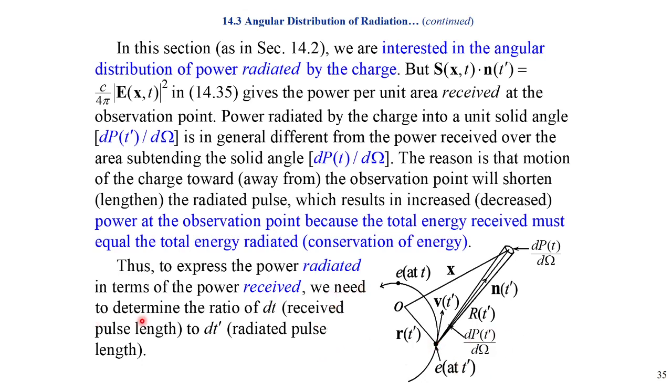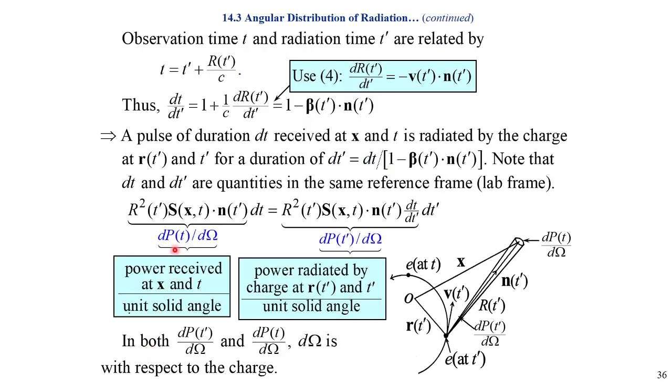We need to determine the ratio of dt to dt prime. That's the received pulse length and the radiated pulse length. They will be different. How to do that? We know t and t prime are related. The observation time t and the retarded time, or radiation time, t prime are related through these equations.